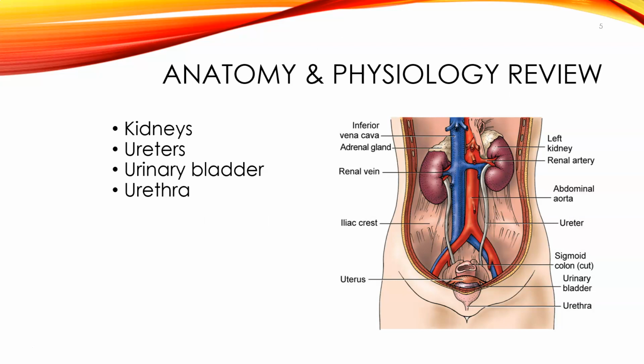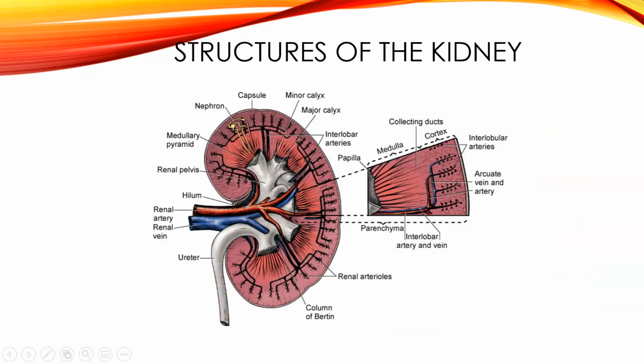You're going to need to look on your own at the anatomy and physiology of both the urinary and renal systems. Make sure you're familiar with that on your own. Make sure that you're familiar with the structures of the kidneys and the pathophysiology of the kidneys and the renal system.